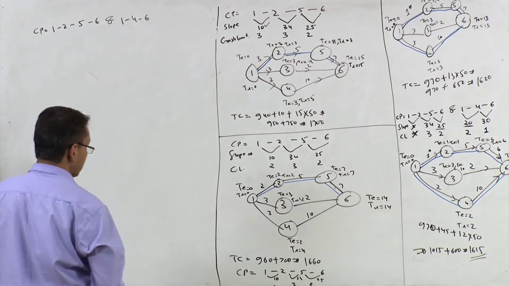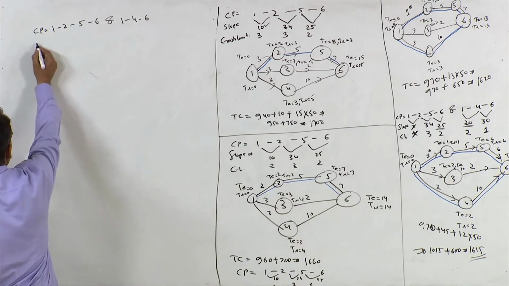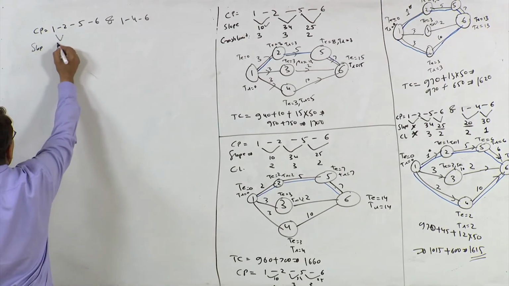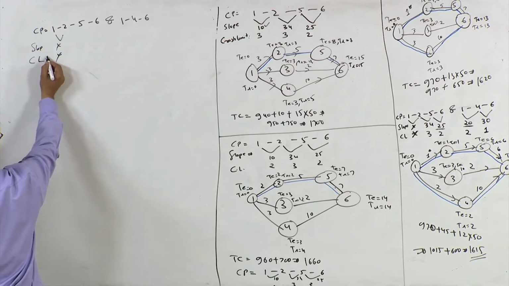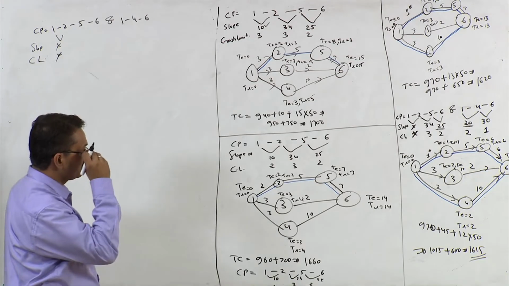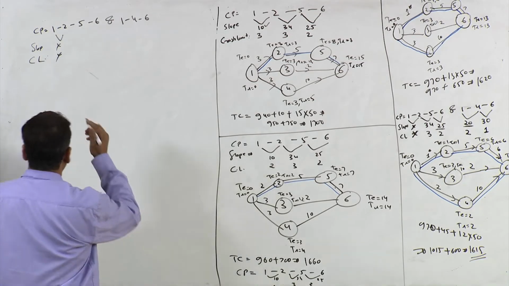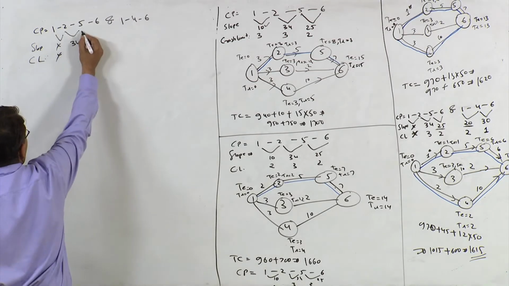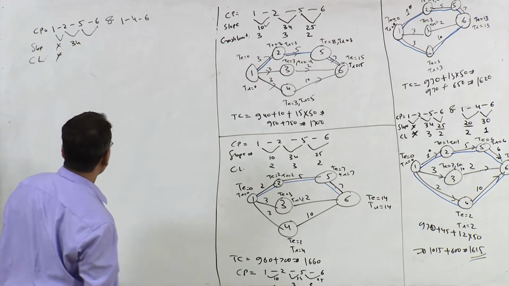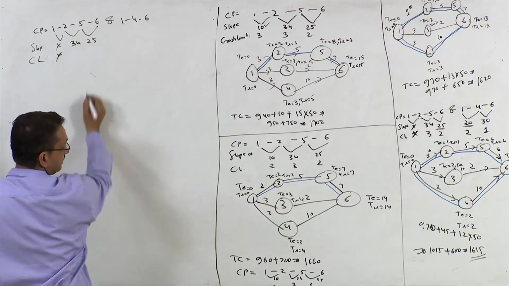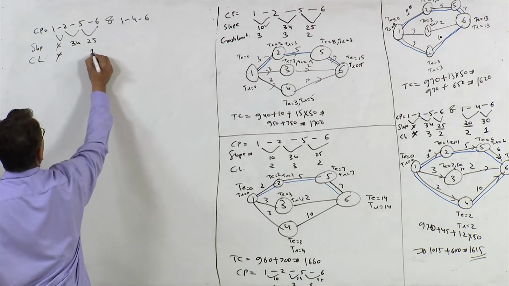So let us look at slope. For 2, 5, what is the slope? 34. For 5, 6, what is the slope? 25. Now its crash limit is 1.